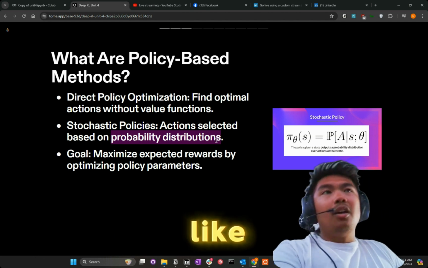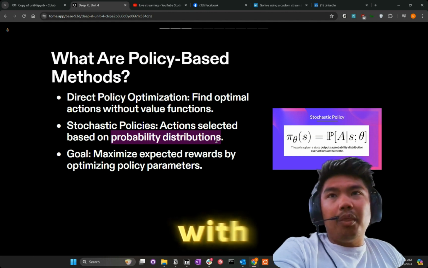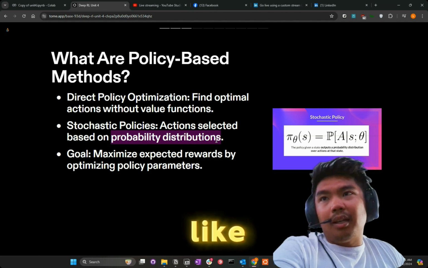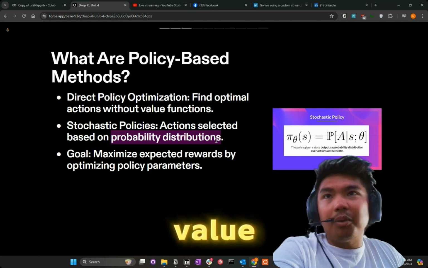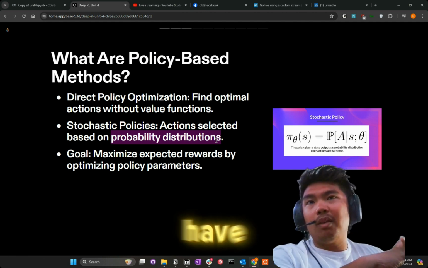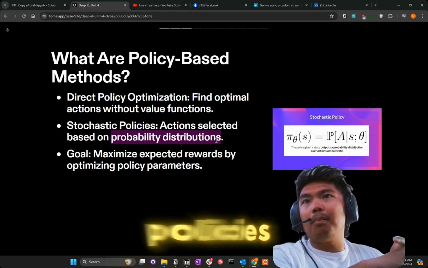So instead of saying I have to do X all of the time with the epsilon greedy policy in value-based methods, where you're always going to just pick the action in that state that has the highest value, with policy-based methods we have access to this new capability, stochastic policies.